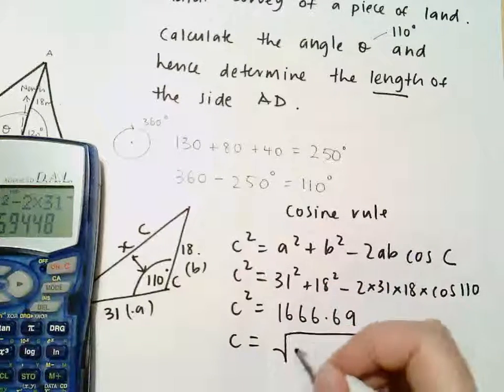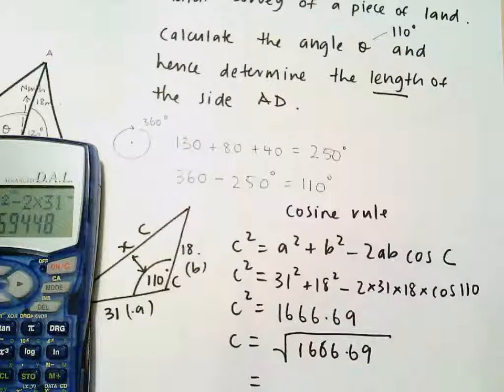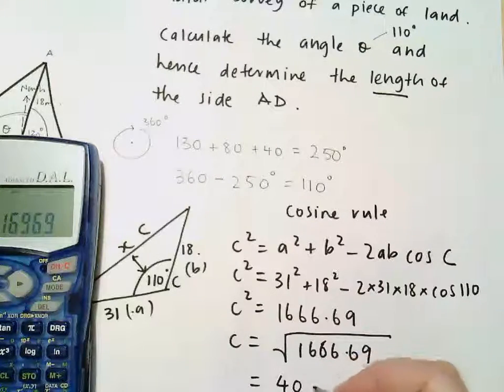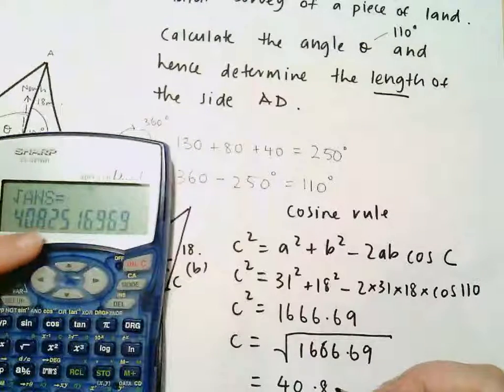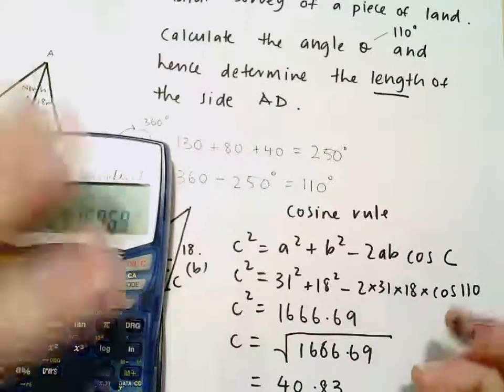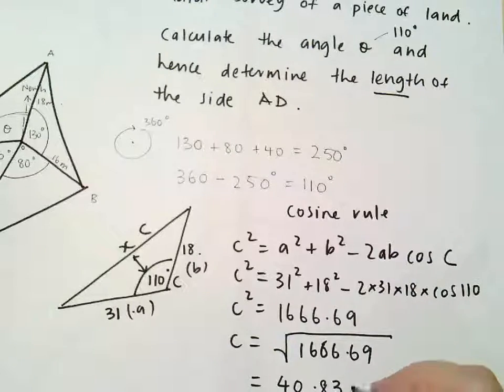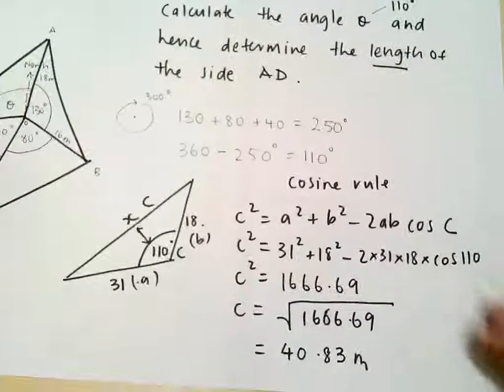So the square root of that answer gives me 40.825. So I'm going to round up to 40.83. They didn't ask me to the nearest anything, so I'm all good with 40.83, and this of course is going to be in metres. So hopefully you went alright with that one.